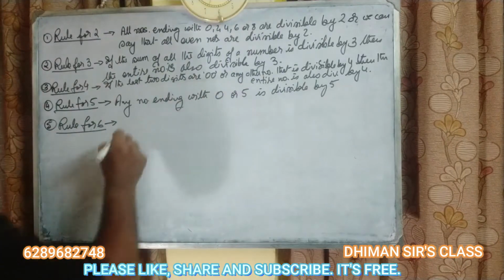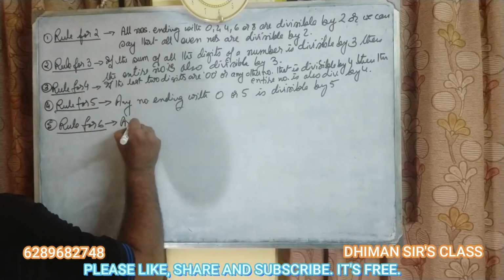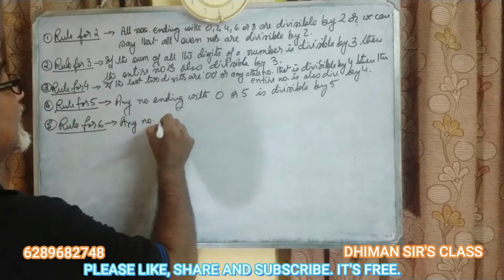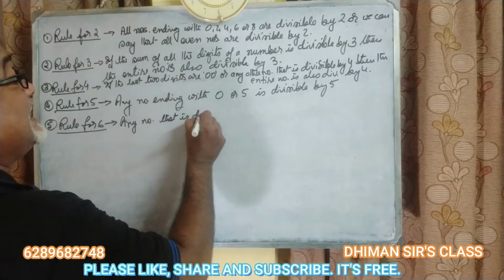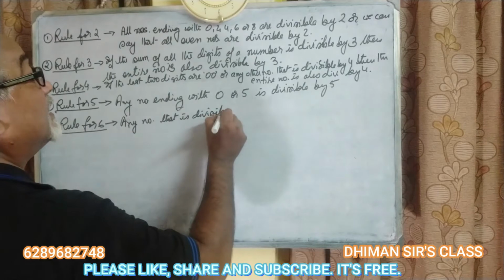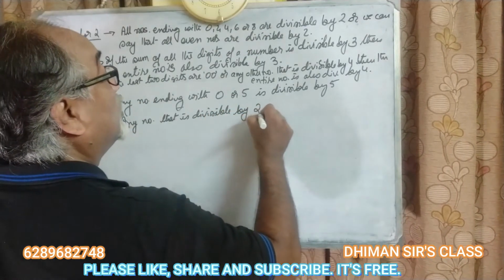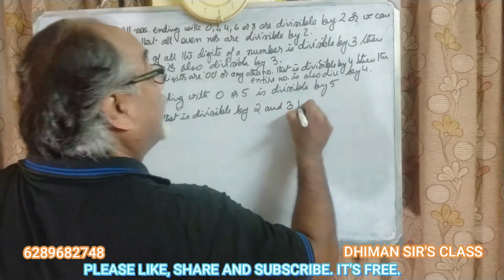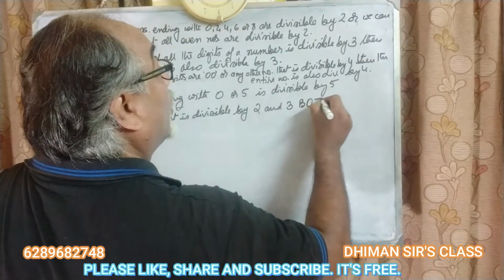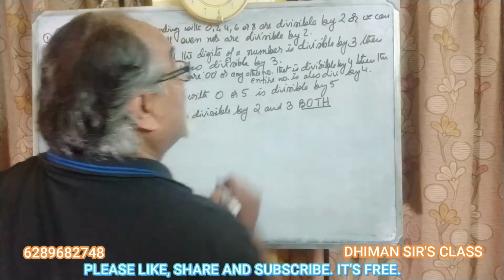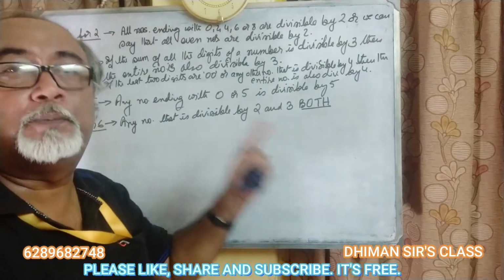Rule for 6, if any number is divisible by 2 and 3 both, I am writing in capital letters BOTH, I am emphasizing this, both by 2 as well as by 3.